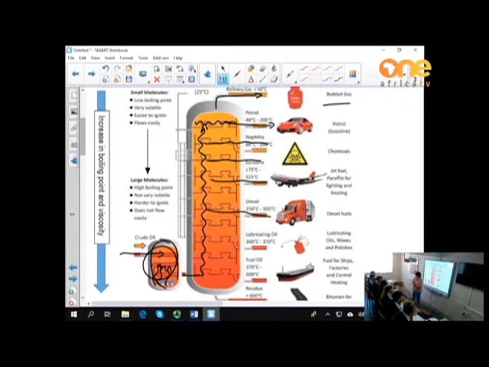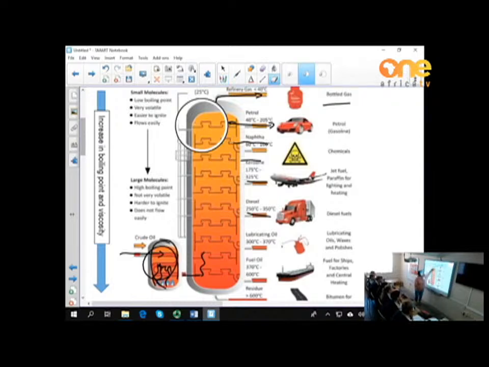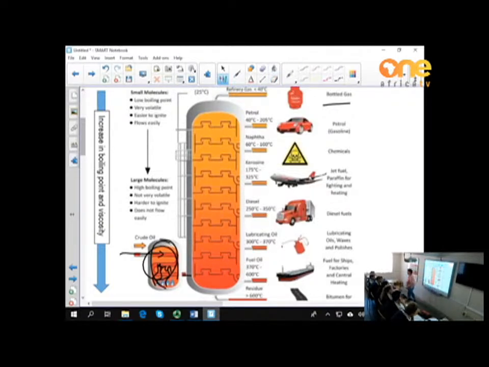The forces holding the particles together are stronger than in petrol. That is why petrol has a lower boiling point. That is why you keep your petrol tank sealed shut, because it wants to start vaporizing at those temperatures. I don't think it's exactly 40, but I think it's probably nearby.